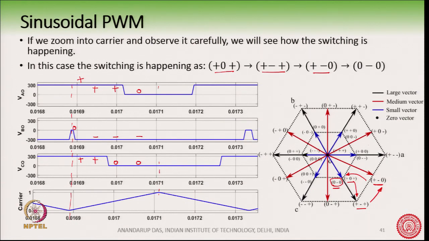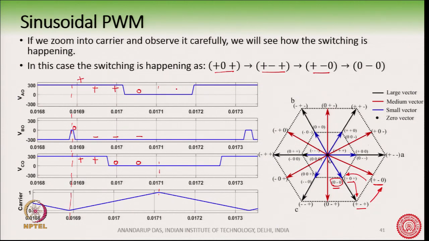We have a center here and then we moved in a clockwise direction, from here to there, from there to there and from here to here. So, we made a clockwise rotation of vectors, and now it will go back.